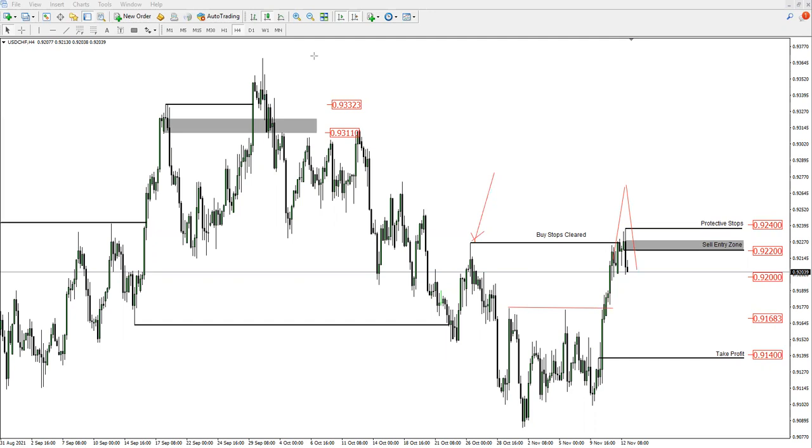And also, whilst we are on the same note, even though we have price doing in and out like this, wanting to trade lower, occasionally we get something that comes out and then trades back in like that.